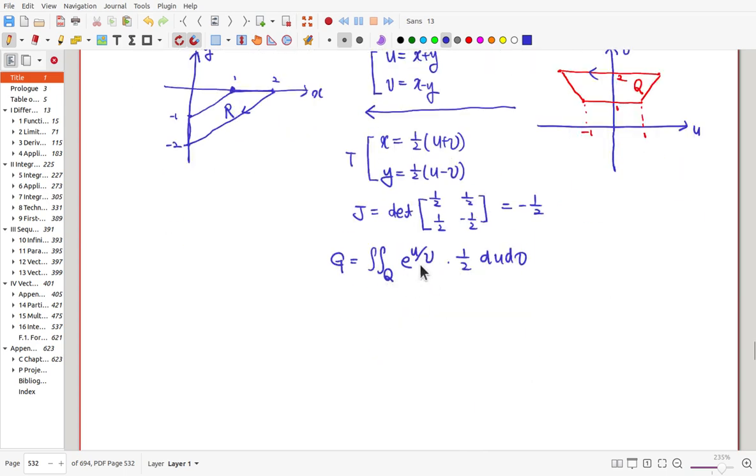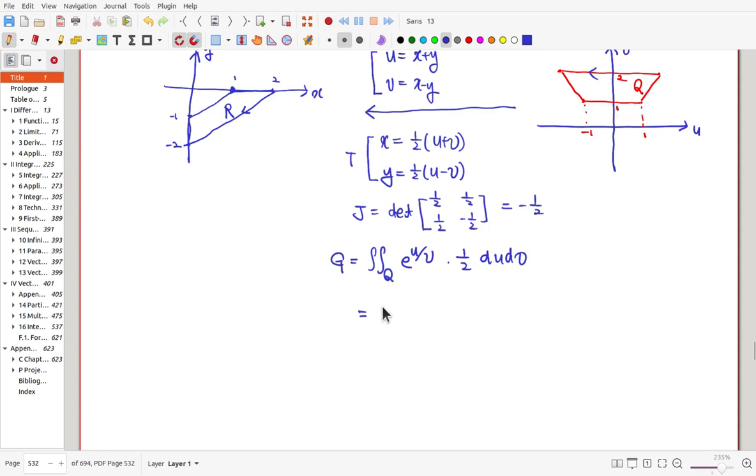Okay, for this integrand, the integral with respect to u is easy, so v is the outer integral, and we can easily access this domain from here to there for each v.